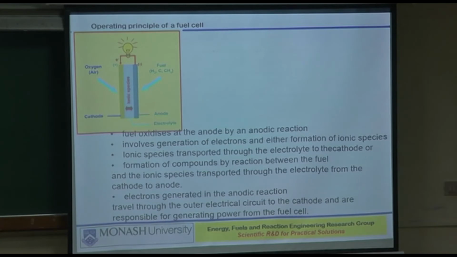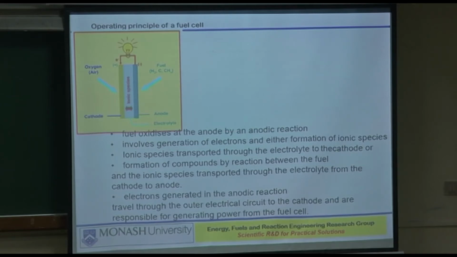At the end of the day, as for electricity generation, it's only the movement of the electrons. This is what is facilitated by the fuel cell and nothing else.